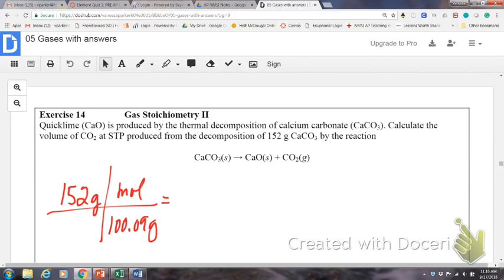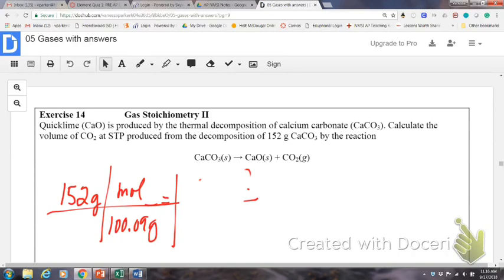152 divided by 100.09 would give me, actually I could just keep going. I could just say 1 mole is 22.4 liters because it's all 1 to 1, right? Technically, you would need to put that mole ratio in there just to show them that you know what you're doing.